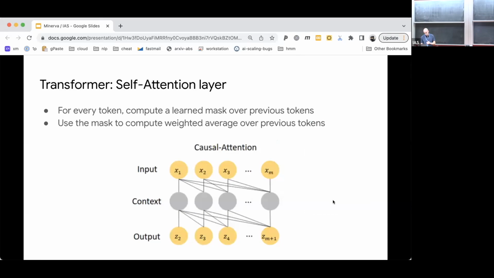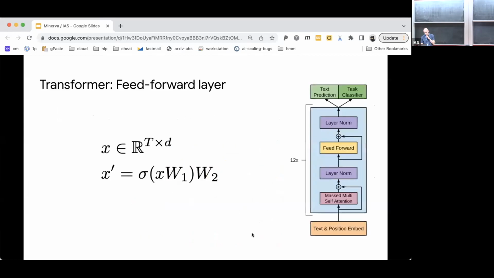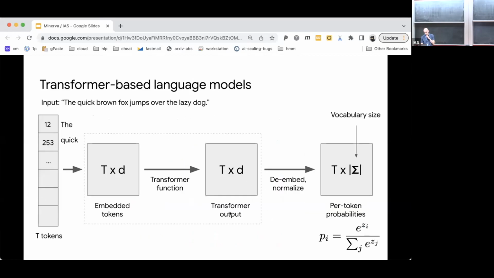Yes. So what does it mean that this is the output? Is the output the probability, or what are these Z's? Yeah, so these Z's, let's look here. The Z's are these guys, the transformer output. They're not probabilities yet. They're just some vector in the same dimensional space. Then we take this, we want to convert these into probabilities.